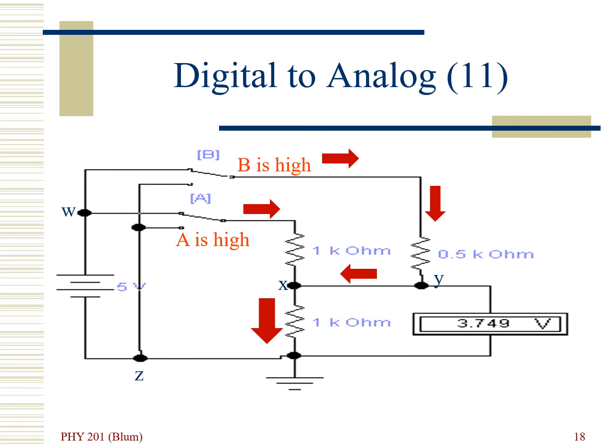The final state I need to account for is the high state, which should be 3/4. So B, the halves place, is high, and A, the quarters place, is high. So I come out of the battery and I go through both switch A and switch B, and the current that goes through A is going through the upper 1 kilo ohm resistor, and the current that went through B is going through the half kilo ohm resistor.